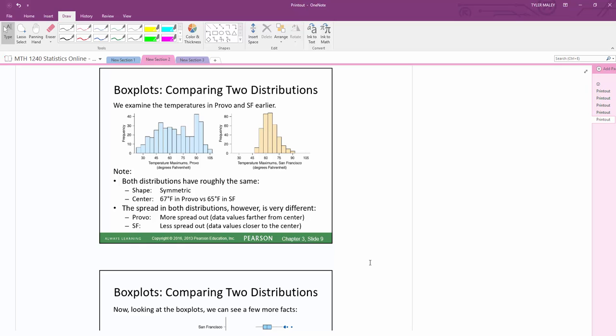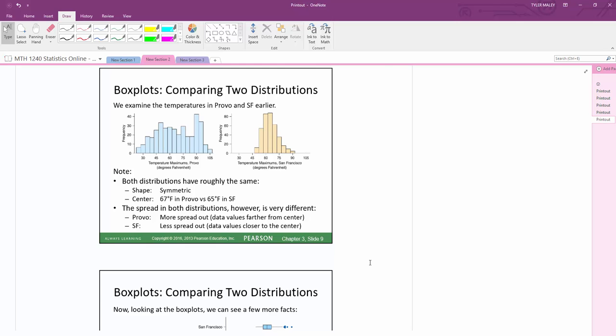So if we look at their histograms, this is temperature maximums for Provo and San Francisco. This is some data we looked at earlier. We can look at their shape. They both have roughly the same shape. They're both symmetric, and their center is fairly close together. We had 67 degrees Fahrenheit in Provo versus 65 degrees in San Francisco. But the spread in both distributions is very different.